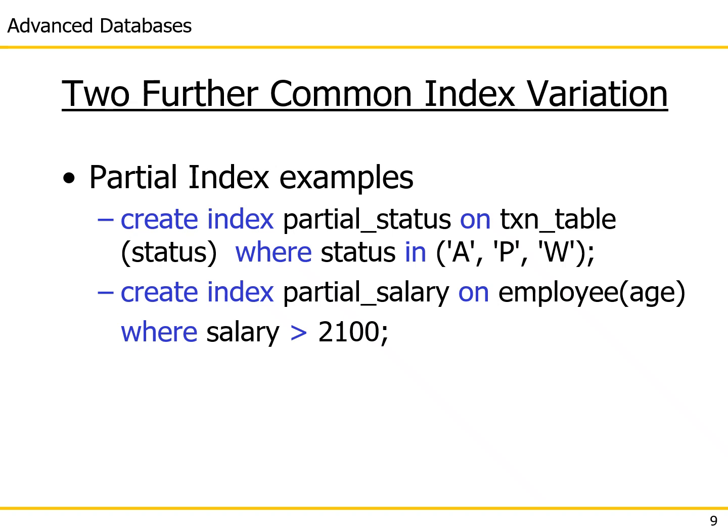So if a query comes like select star from transaction underscore table where status equals A, I'm going to use the index. Where status equals P, I'm going to use the index, or the database engine will use the index, okay? Or where status equals W, again, the database engine will use the index. What if you get this query? Select star from transaction underscore table where status equals X. You're not going to use the index.